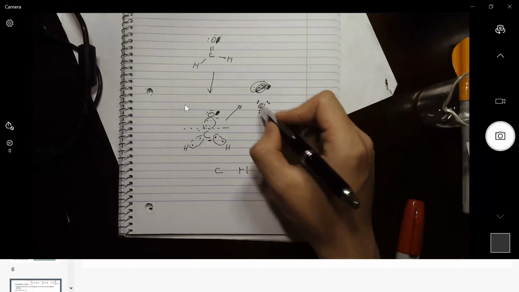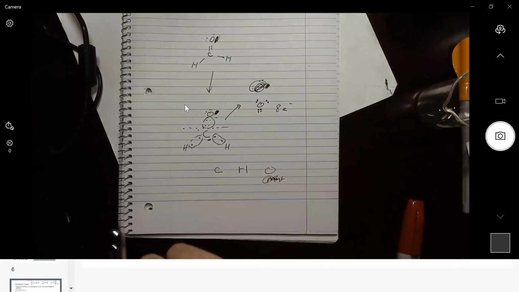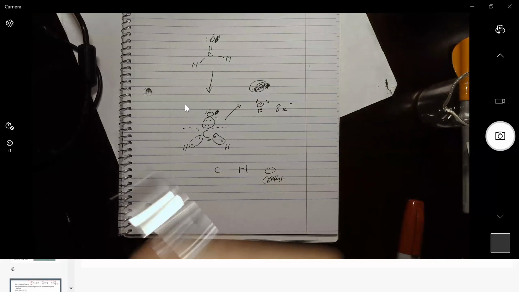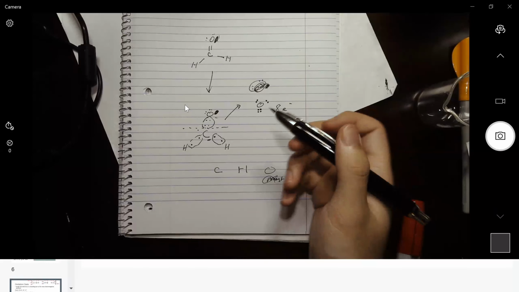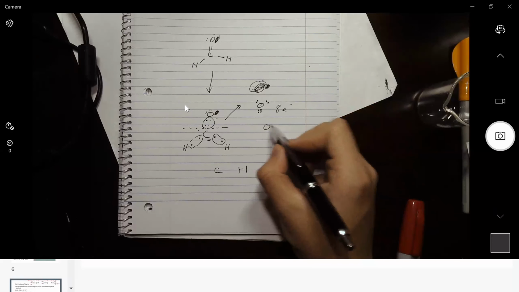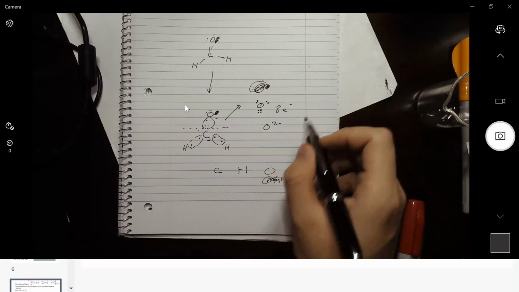We have 1, 2, 3, 4, 5, 6, 7, 8 valence electrons. How many valence electrons does a neutral oxygen atom have? Great, 6. So 8 is 2 more than 6, so we have 2 extra electrons. That means we can say the oxidation state is O 2 minus, because this 2 minus comes from the 2 extra electrons.